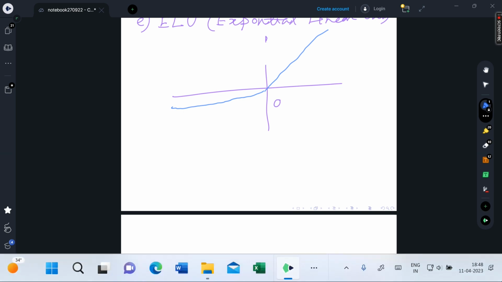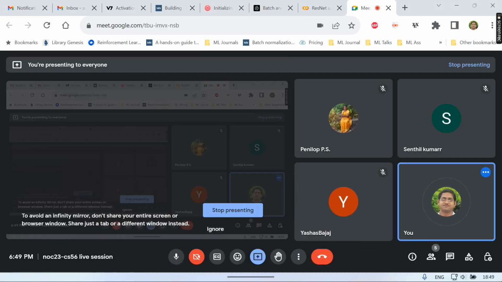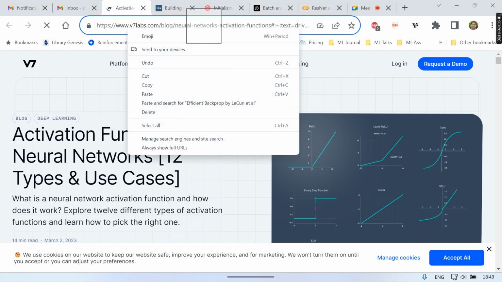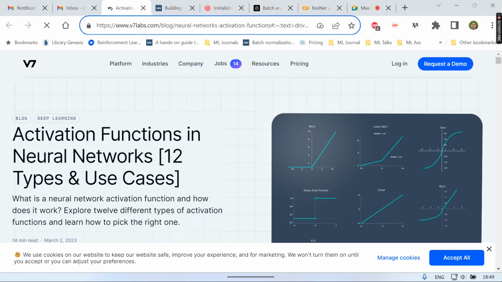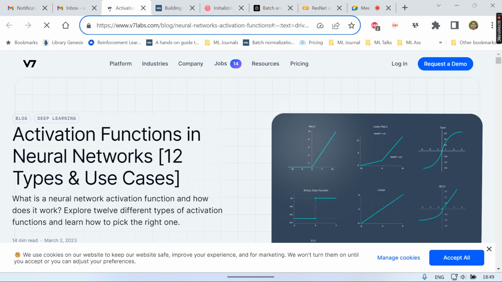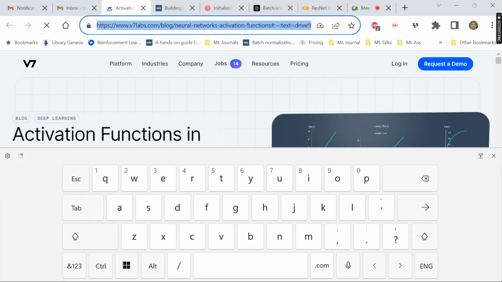I can share one blog post which you can refer to if you want to know more about different kinds of activation functions.